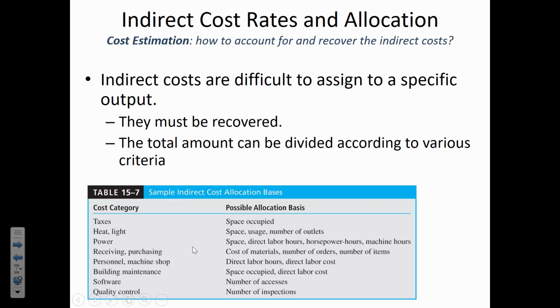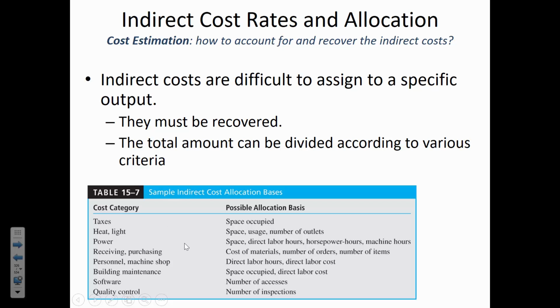If we're talking about electrical and power costs, then why would you just base it on square footage when maybe you could look at how many horsepower hours? Machines that use more electricity and have higher power demands than others maybe should pay a greater share of the indirect costs. So each one of these is just a list of ways that you can allocate the costs to a certain project.